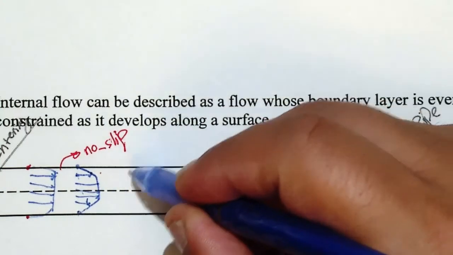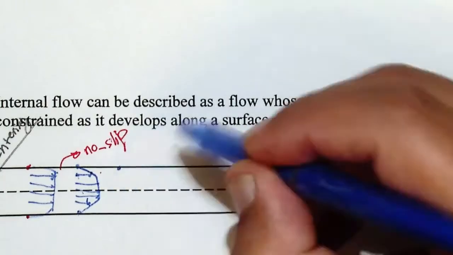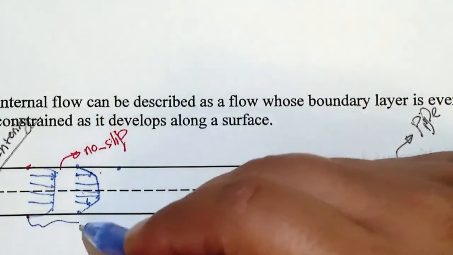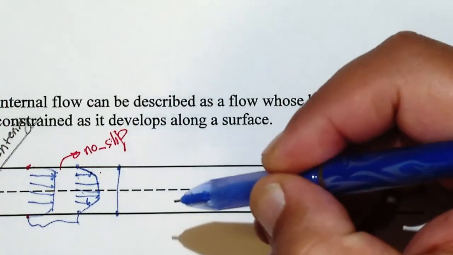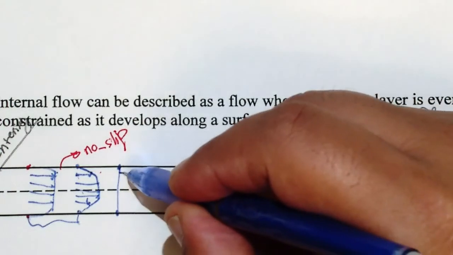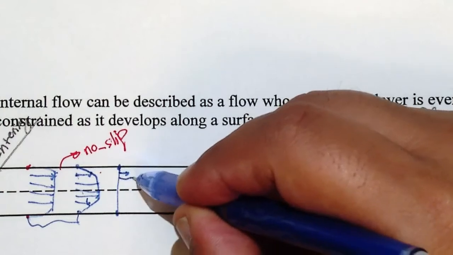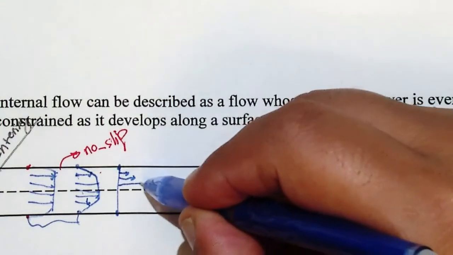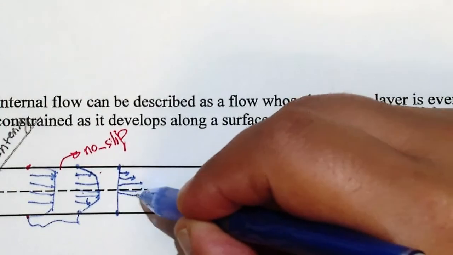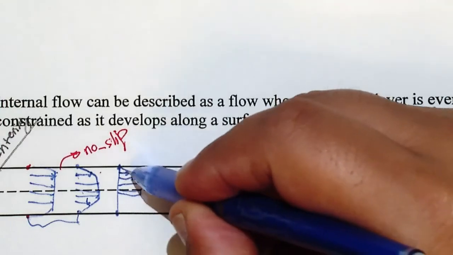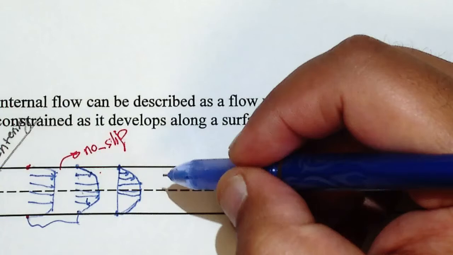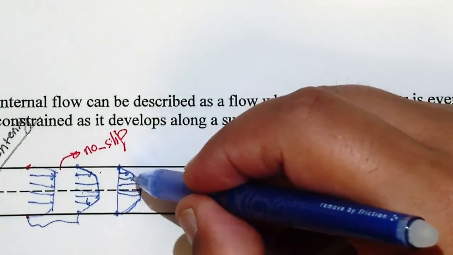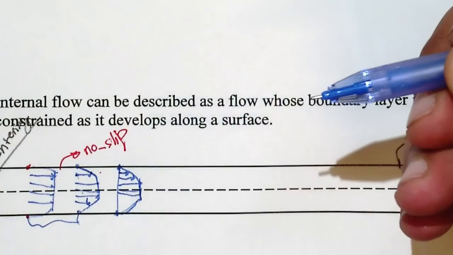Okay, in the next one, after a distance here, you will have 0 velocity at the wall, much lower velocity here, much lower velocity after that, but again the center is still uniform flow, right? Then it shows that the flow is still developing. It's not wholly parabolic, but it's parabolic here and uniform at the center.